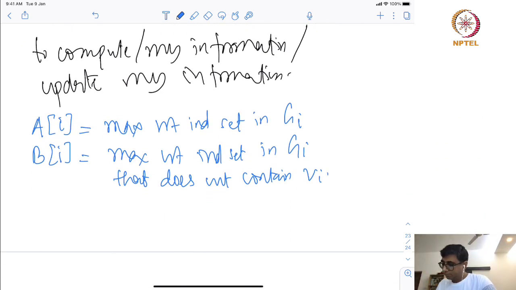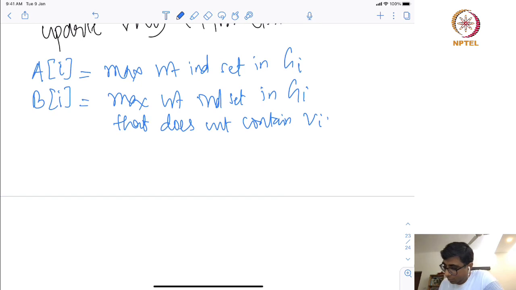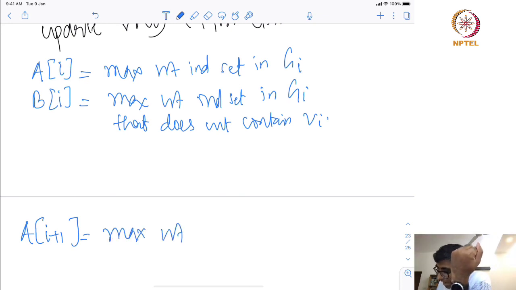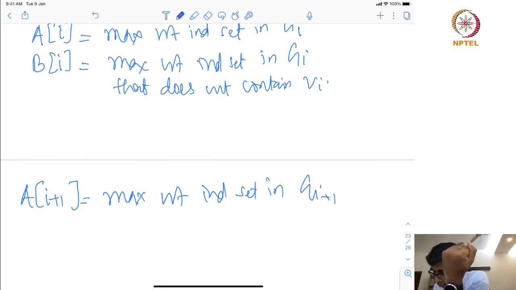Okay. So, let us try to understand. Suppose I have this information for A_i. Now how are we going to compute A_{i+1}? It is the max weight independent set in G_{i+1}. This is what we would like to update. And what is B_{i+1}?